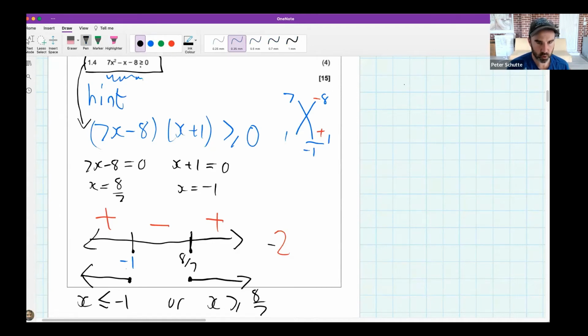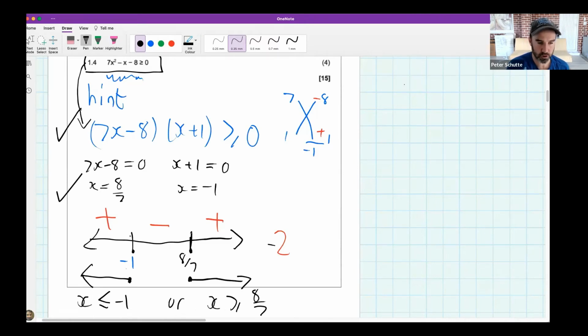When I solve my inequality, the first mark was for factorizing. Then the second mark was for ignoring that it was an inequality and just treating it like an equation. I just said, I'm going to solve it like an equation. When I solved my equation, I got what I call the 0 values, the values that make this expression 0.